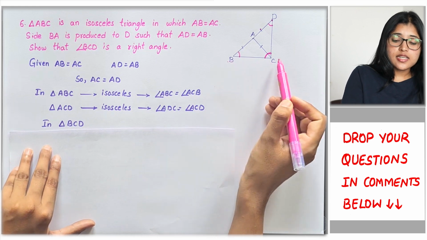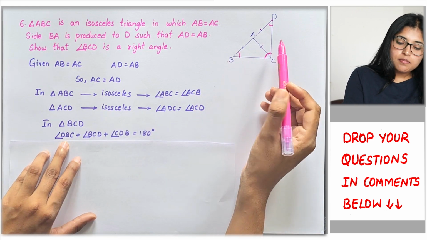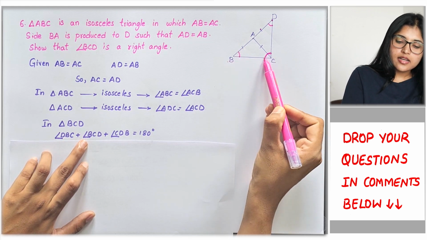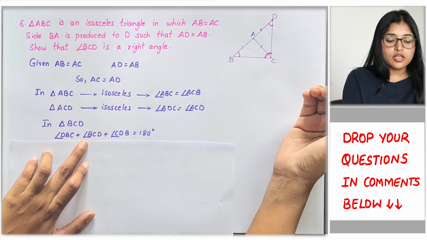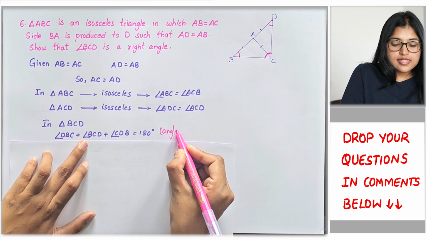In triangle BCD, that is the big triangle, I can say that angle DBC plus angle BCD plus angle CDB should be equal to 180 degrees. This is because of the angle sum property.